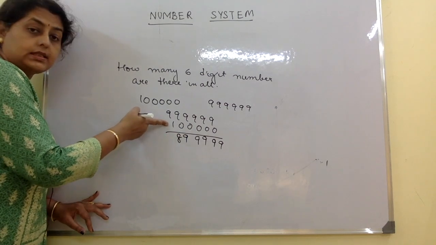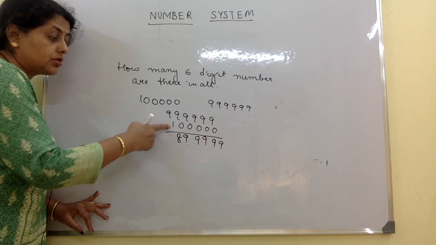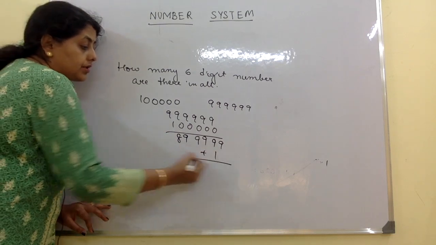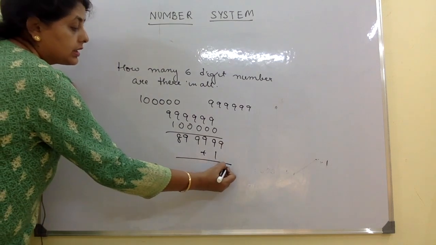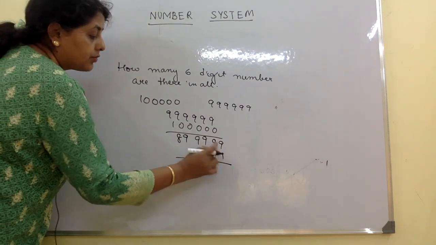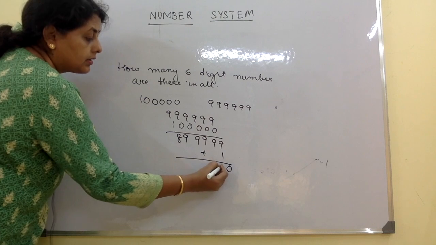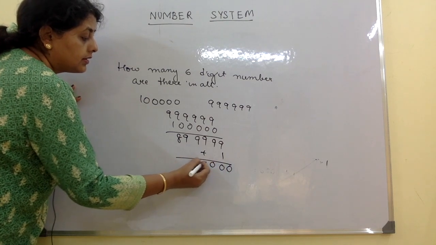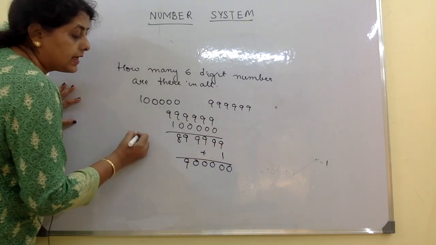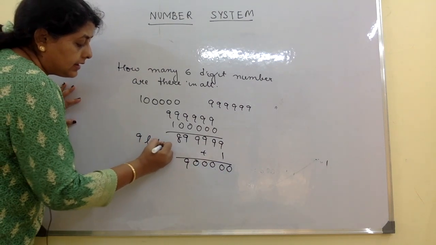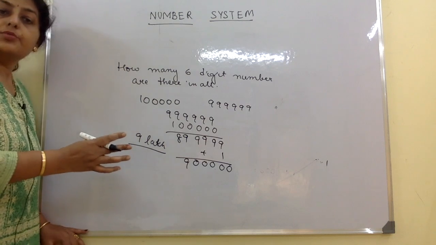Then I missed this number. Actually when I subtract, this is also gone, so I'll add 1 to it. And when I add 1, it comes to 9 lakh. There are 9 lakh 6-digit numbers.